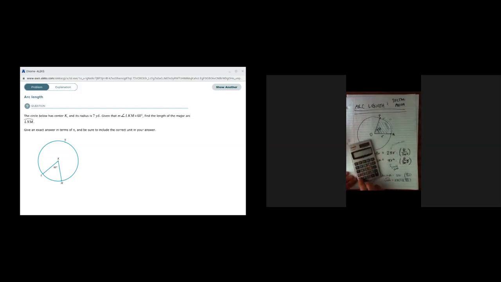And then we get out our handy dandy calculator and we do 2 times 7 times 300 divided by 360. We're going to leave pi in our answer, so don't do anything with that.